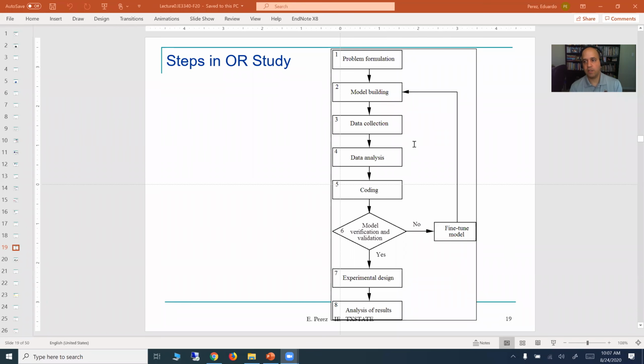If we see that the model is representing the actual situation in a good way, similar to what you should expect, then we can use the model to do some experimentation and get some insight. If not, then we might need to go and revise the model, fine tune the model, and then go back to data collection, data analysis, coding, until we get a good model that we can use to make decisions.